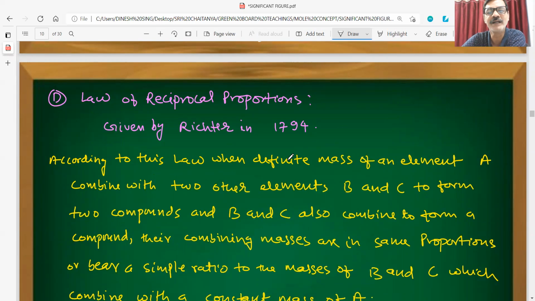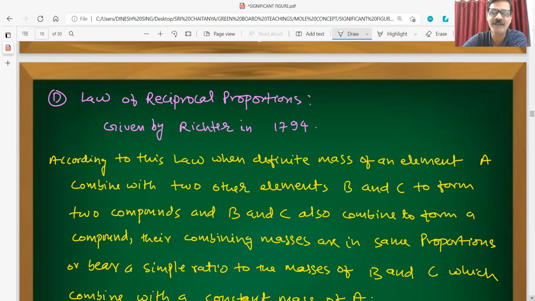According to this law, when a definite mass of an element A, that is the amount of A we are considering fixed, combines with two other elements, B and C, to form two different compounds, and B and C also combine with each other to form a third compound, then their combining masses are in the same proportion, or they bear a simple ratio to the masses of B and C.